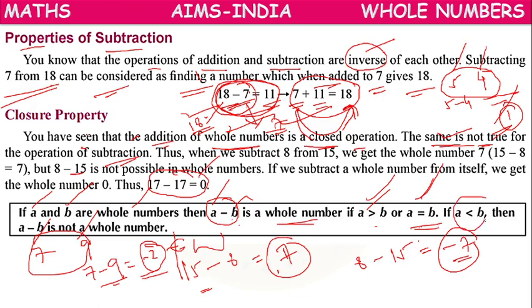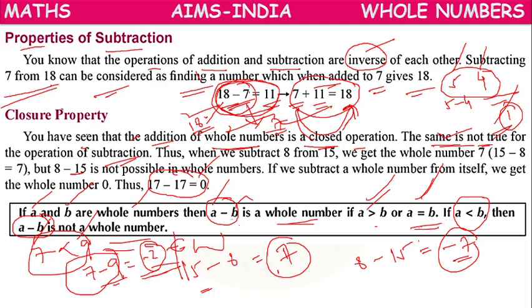But if A is less than B, as in the case of 7 less than 9, then 7 minus 9 is minus 2, which is not a whole number.